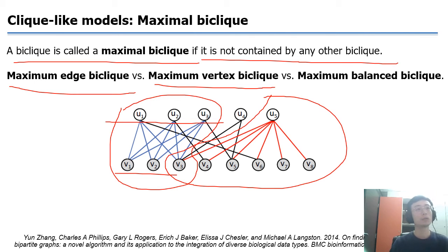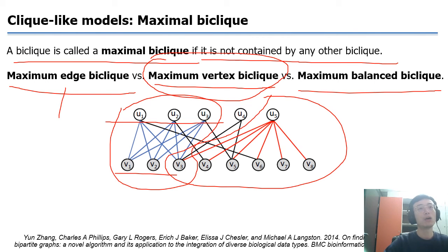If we want to directly find the maximum vertex biclique, it is not NP-hard. It can be solved in polynomial time. And if we want to find the maximum edge or the maximum balanced biclique, they are both NP-hard. But we can design further pruning rules to accelerate the computation process.